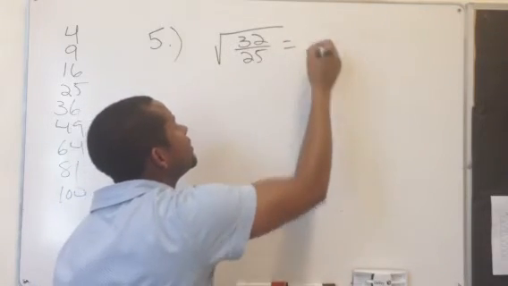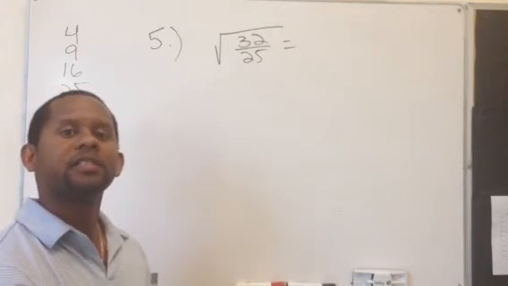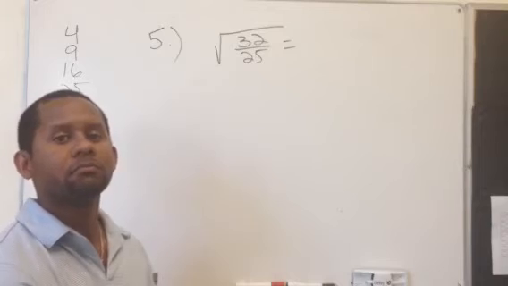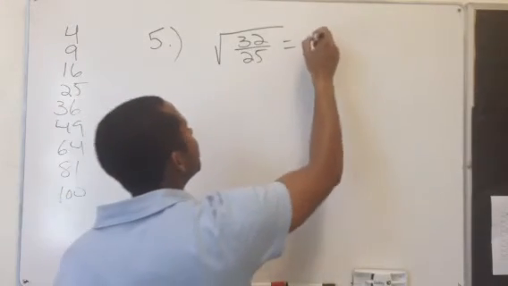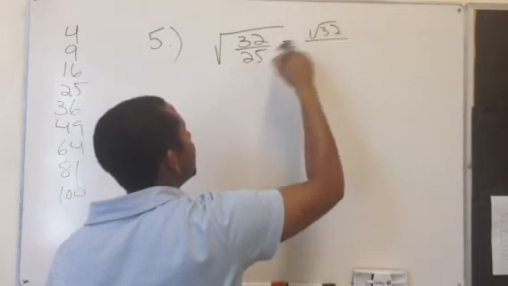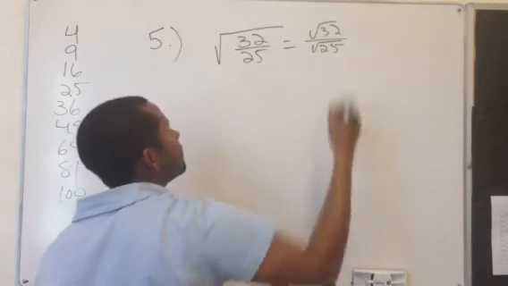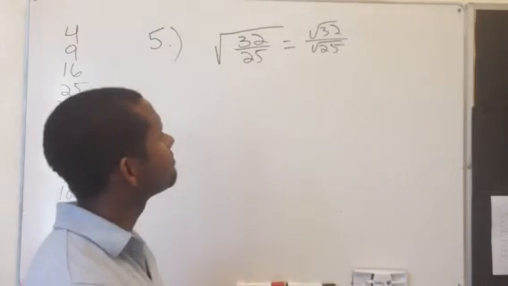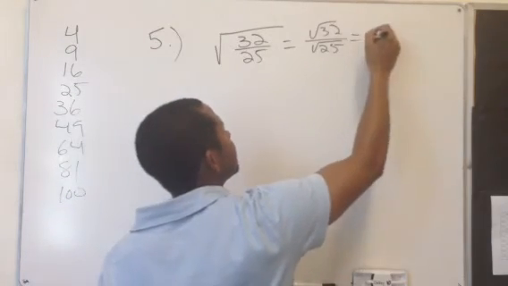I'll give you a hint. Do you think you could break that apart into 2 separate problems? Yeah, you can. Does this seem fair if I said, oh, well, this is just the square root of 32, and this is just the square root of 25? Hopefully that seems fair.